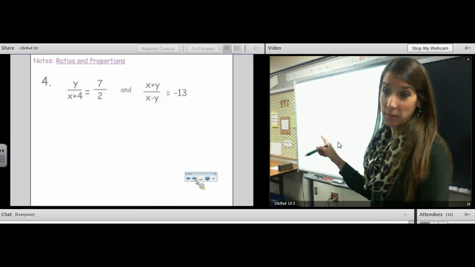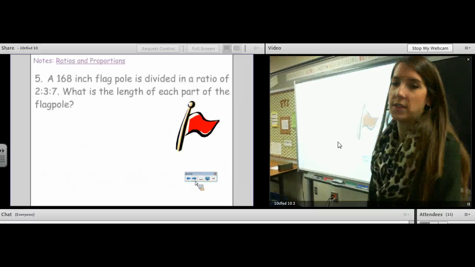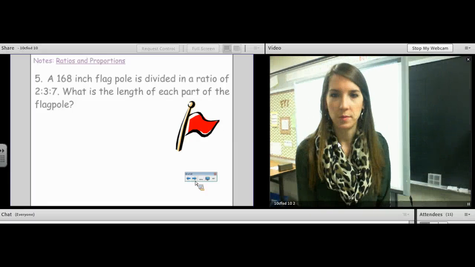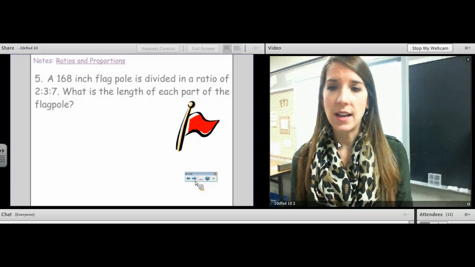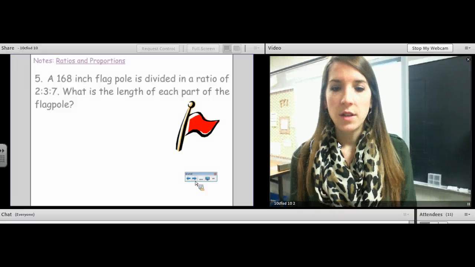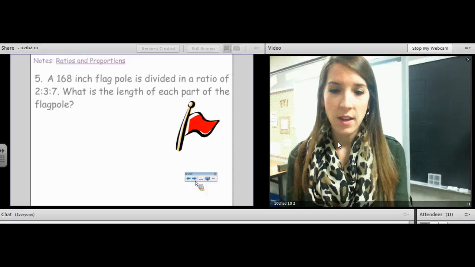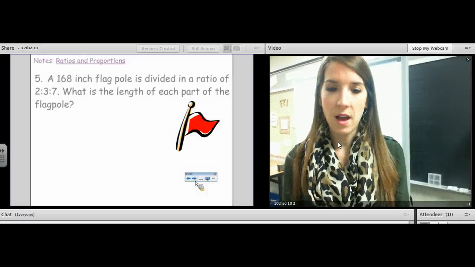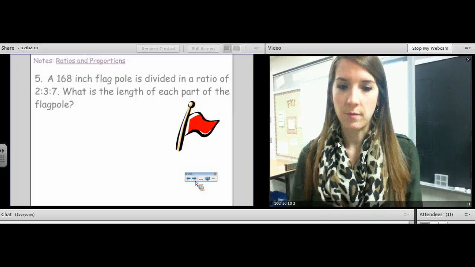We are going to skip number 4, thank goodness. 2 more left. Some word problems. A 168-inch flagpole is divided in a ratio of 2 to 3 to 7. What is the length of each part of the flagpole? So when you think ratio, I want you to think of dividing it into parts, and I want you to think of there always being a common link between them, a common multiplier between them.